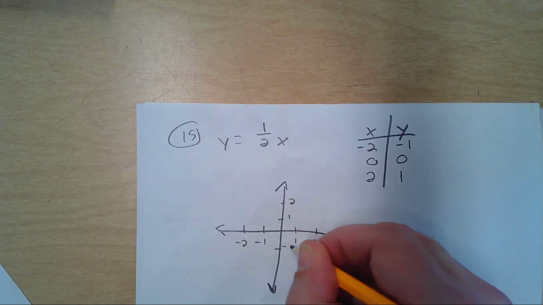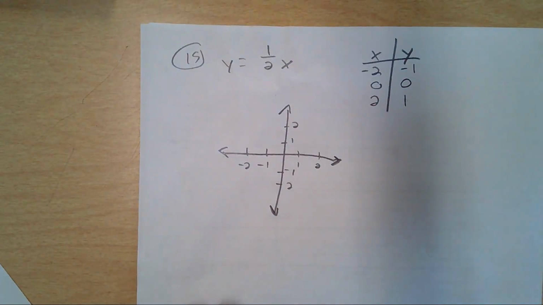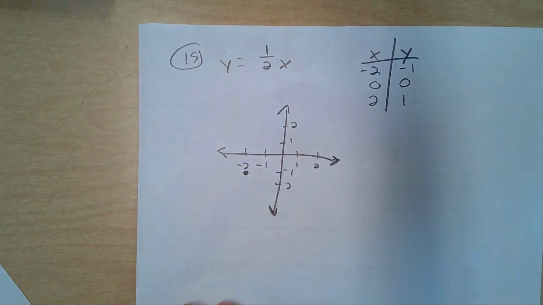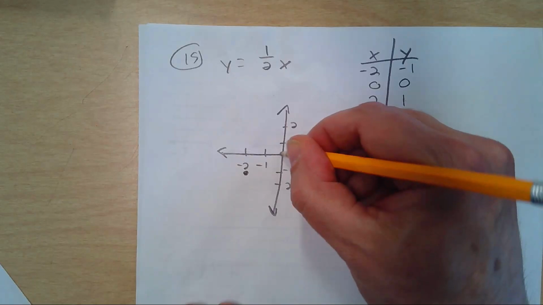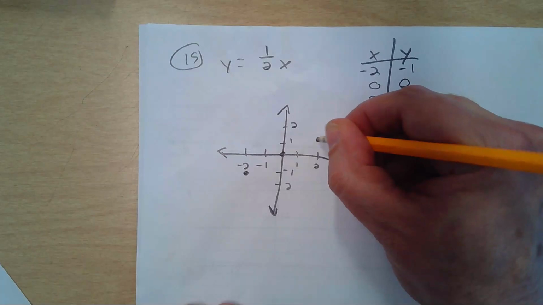But you'll need to go through and label. So there I am labeling, and then it's just a matter of -2, -1 is right there. 0, 0, origin point right there, and then 2, 1 is right there.